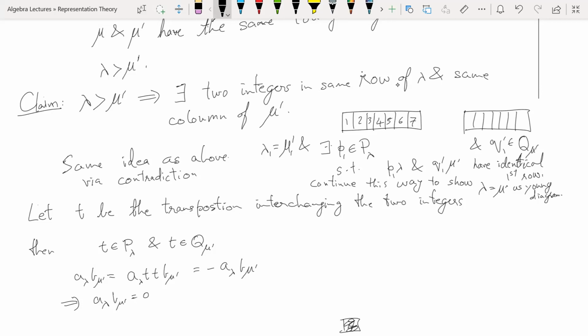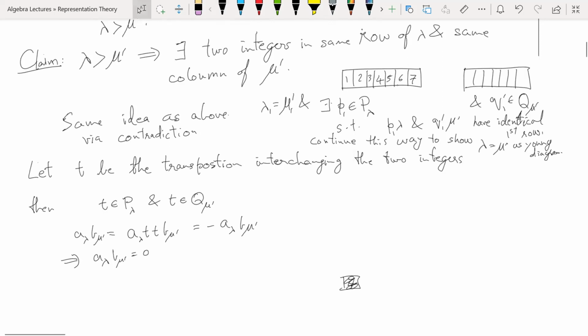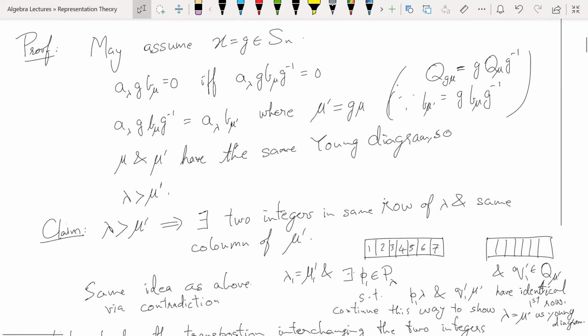That is just A lambda, right? So we saw that if you pre-multiply A lambda or post-multiply by an element of P lambda, you keep it A lambda. So you get A lambda, but T times B mu prime will change by the sign of T. Yeah. So the sign of T of course is minus, because T is a transposition. So you get A lambda B mu prime is minus A lambda B mu prime, which is the same as saying that A lambda B mu prime is 0. Yeah. And that is what we had to show.